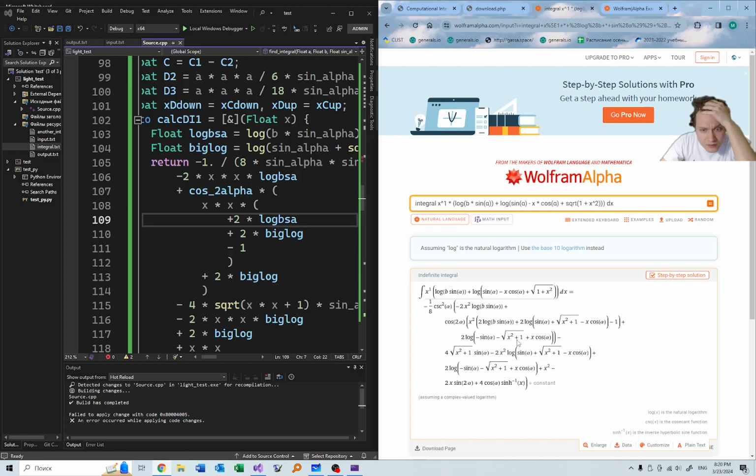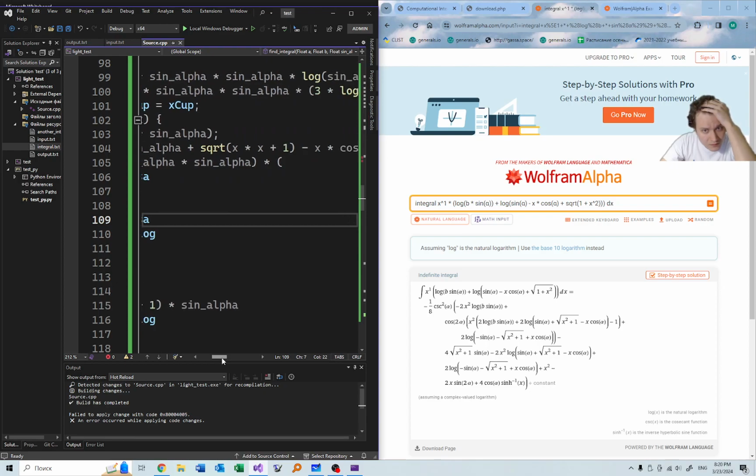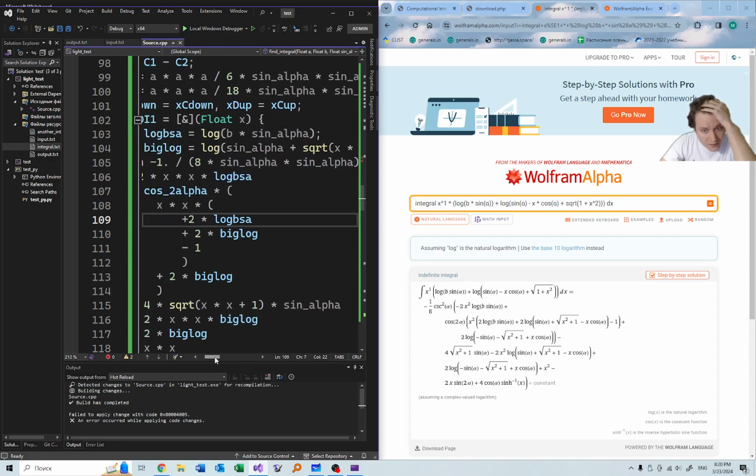What? This time it is minus sine alpha minus square root of x squared plus 1. No, this is bad. This is not good. What is this transformation? Why is it negative logarithm? So if we're talking about logarithm of minus 1, it is something imaginary.